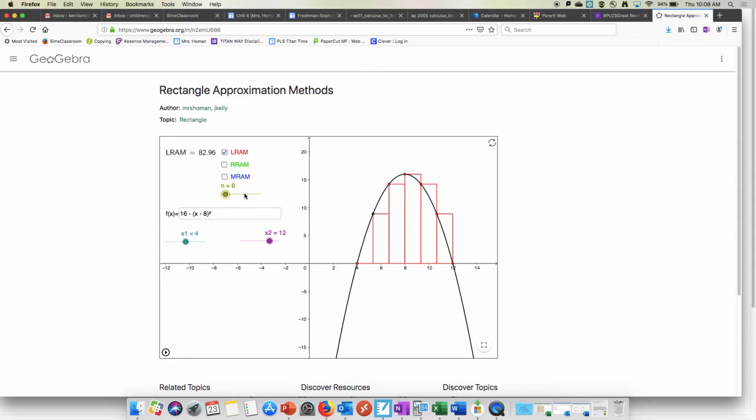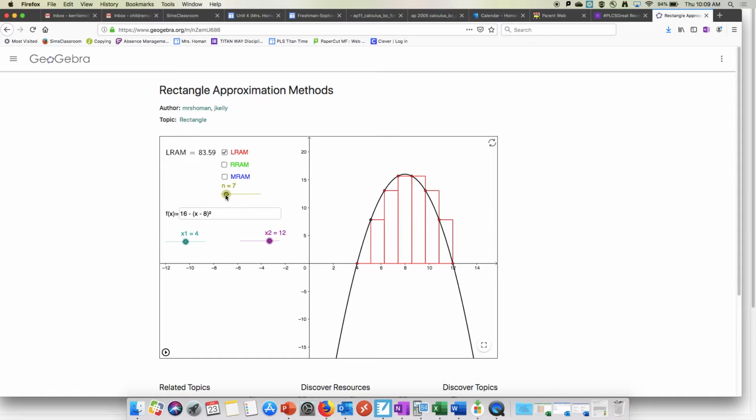When I increase the number of rectangles, what's happening to our area? It's going to be more accurate versus the fewer rectangles I have, it's not quite as accurate. We still have a pretty good estimate, but it's not as accurate. The more rectangles we get, the better.